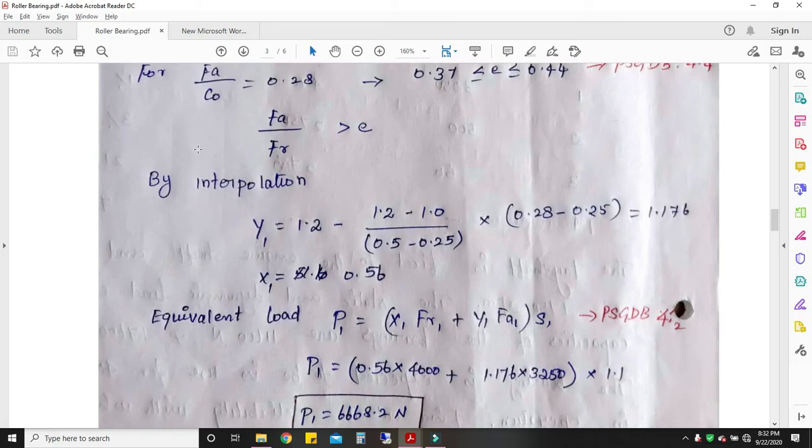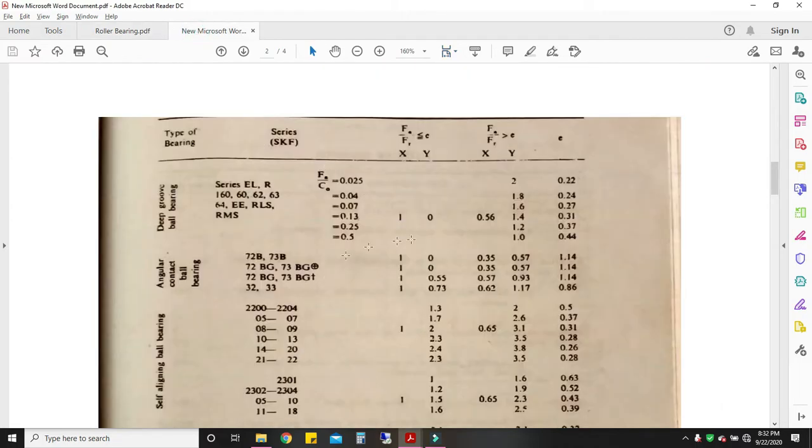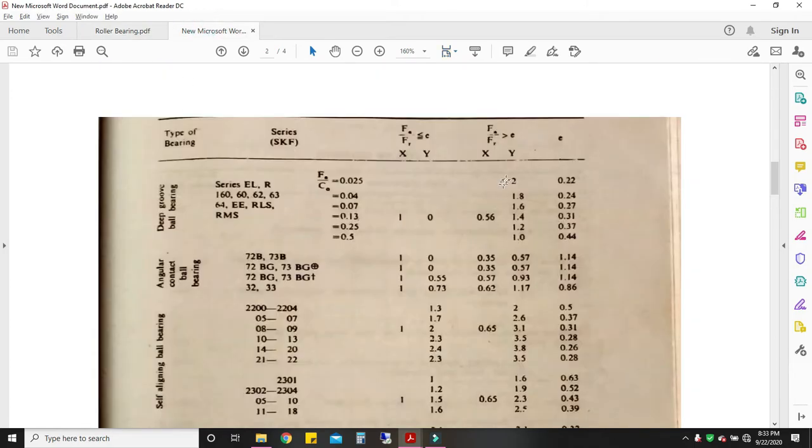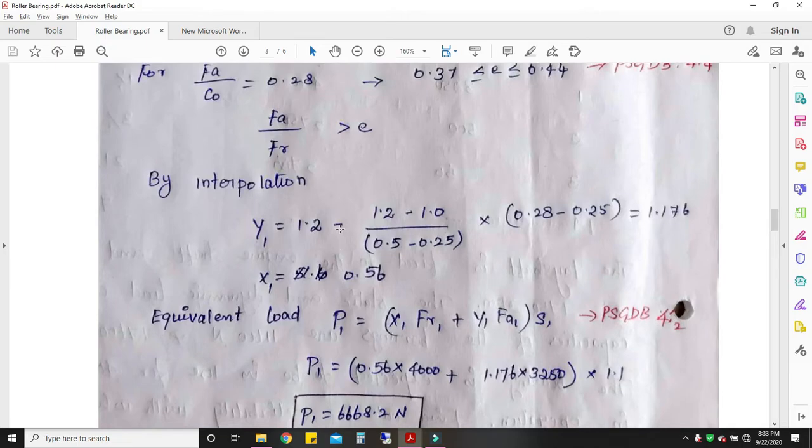By interpolation, we are going to find the Y value. This is the first gear, which is why I have used the subscript 1 here. First put the starting limit of Y, that is 1.2. Notice the nature of the Y values: as the ratio of FA by C naught increases, the value of Y decreases, which is why I have put a minus symbol here.